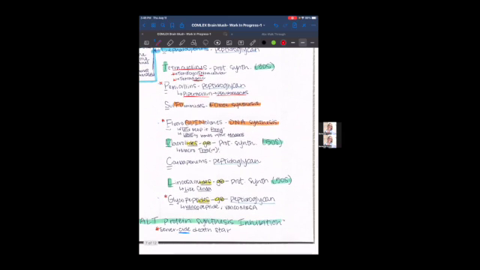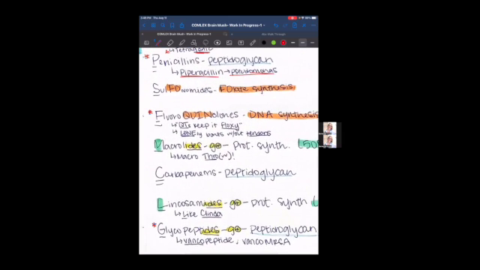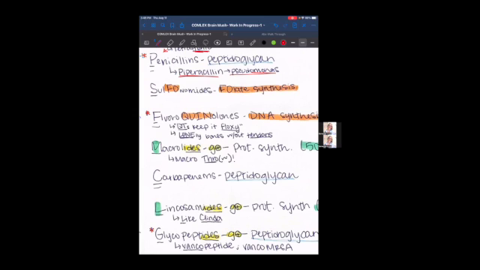Then moving on to fluoroquinolones. QTs keep it floxy. What does this mean? Fluoroquinolones often have the flox phrase in them, like levofloxacin, for example. So QTs keep it floxy, floxy being your cue to remember that this is regarding fluoroquinolones.